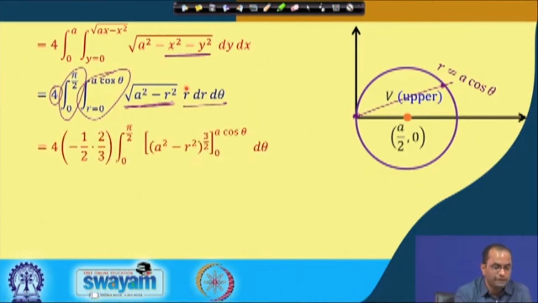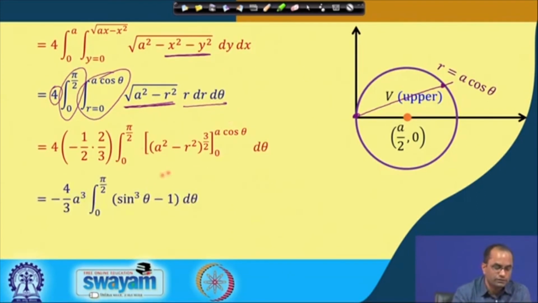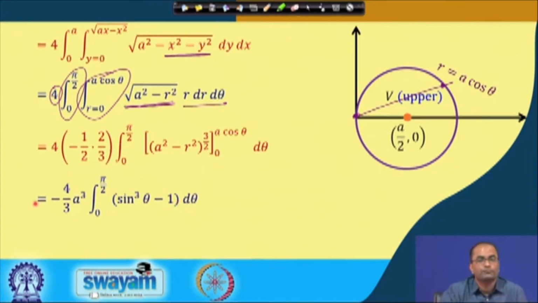So, this is a simple well known function which we can integrate because r is already given there, and then we can put the lower and the upper limits. So, we will get in this case sine cube theta minus 1 and d theta with the factor of minus 4 by 3 a cube. But we know this identity here that sine 3 theta is 3 sine theta minus 4 sine cube theta.